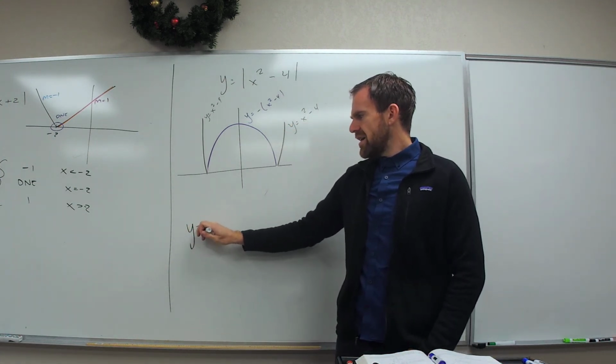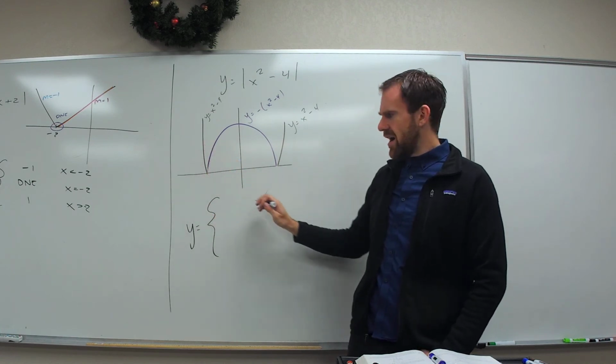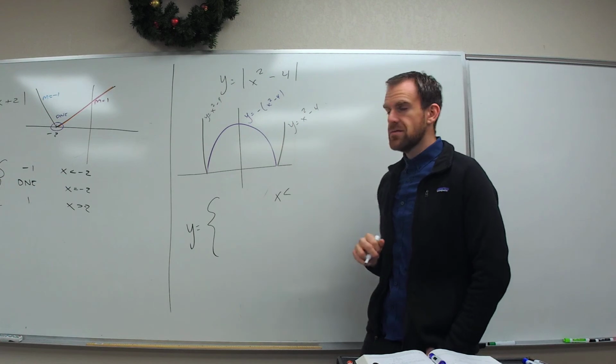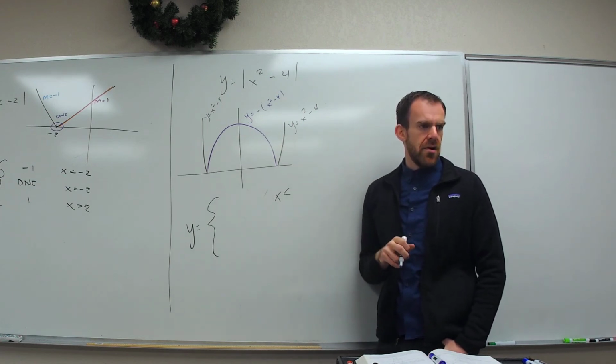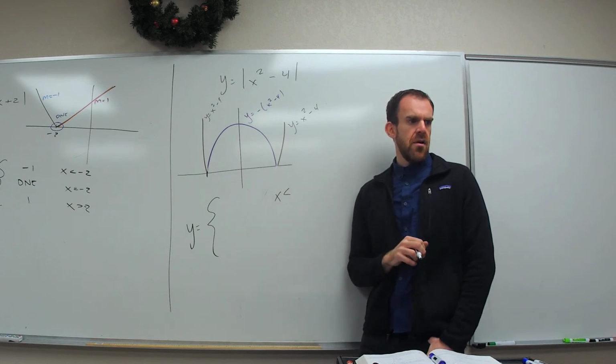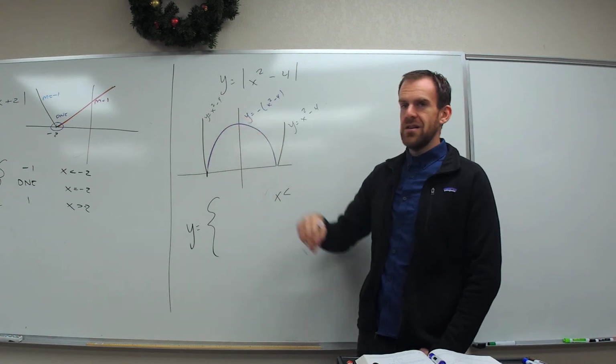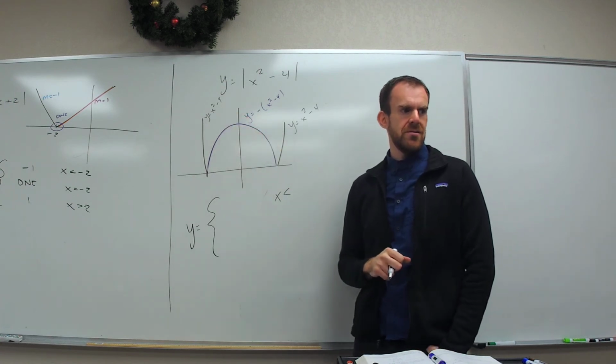I would say that y equals, and then I have 3 parts, right? I have this part, which is when x is less than what? What's this x value? A negative 4 would give me 16 minus 4, so that's not 0.